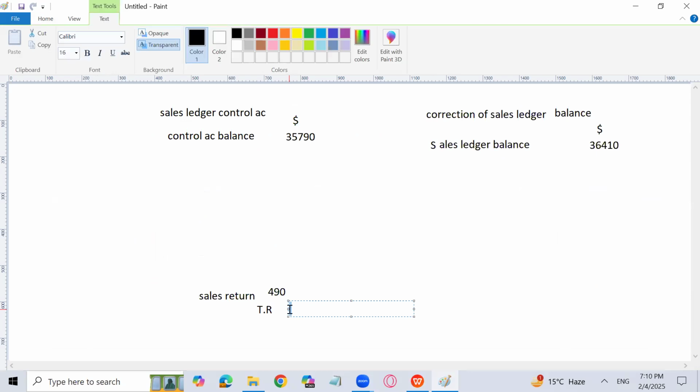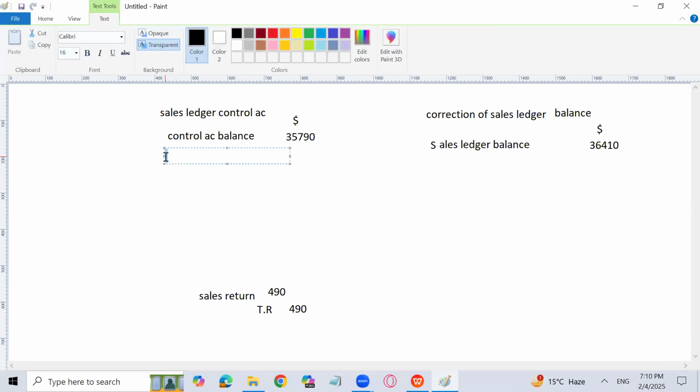So we have entirely omitted this transaction. If a transaction is wholly omitted from the books of account, it will be rectified both in control account and ledger balance. So we need to correct it in both. How are we going to do that? Because it is omitted, it means that sales return has not been recorded. So we have not credited trade receivable by 490.